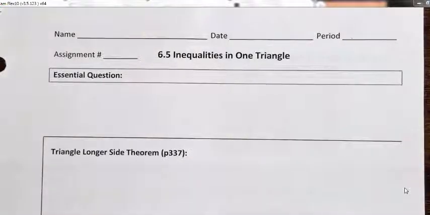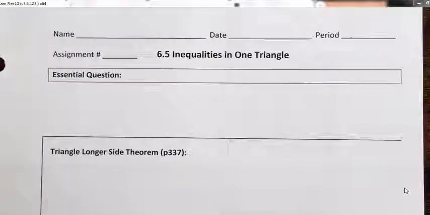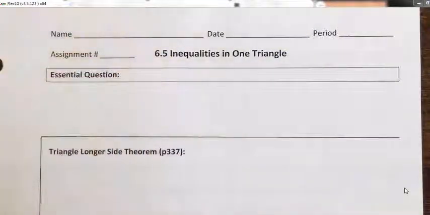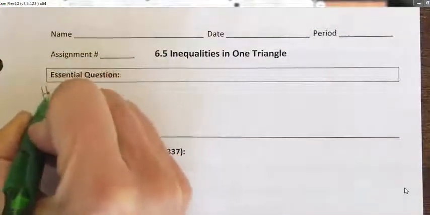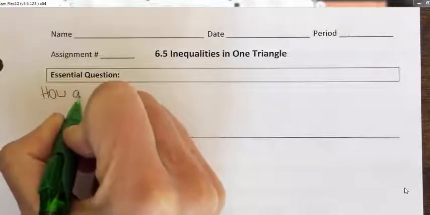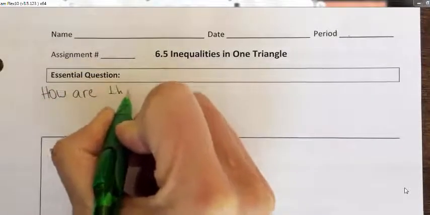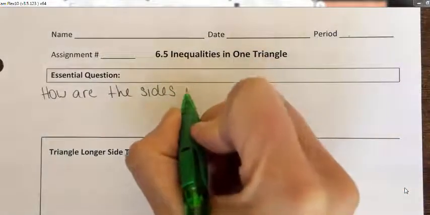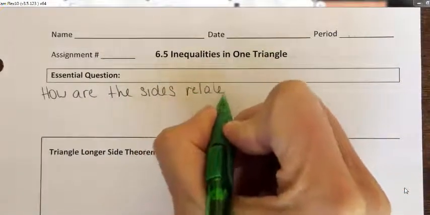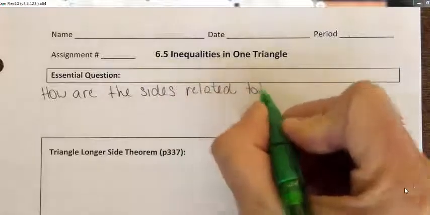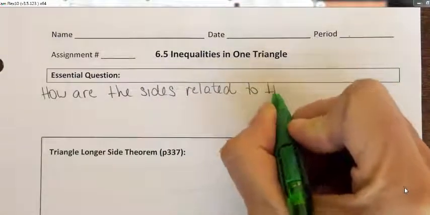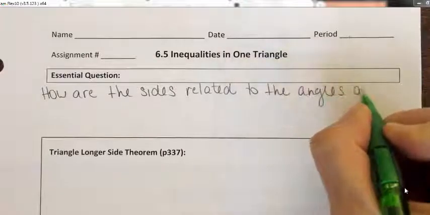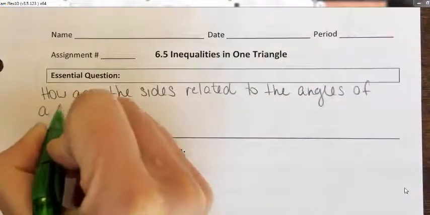6.5 inequalities in one triangle. Our essential question, actually I have two for you. So here we go. How are the sides related to the angles of a triangle?